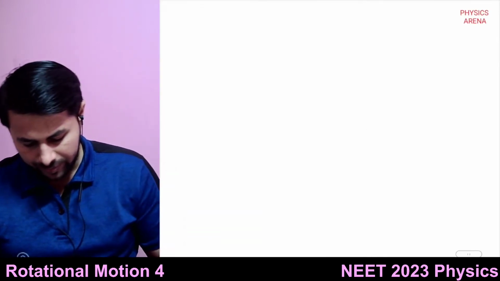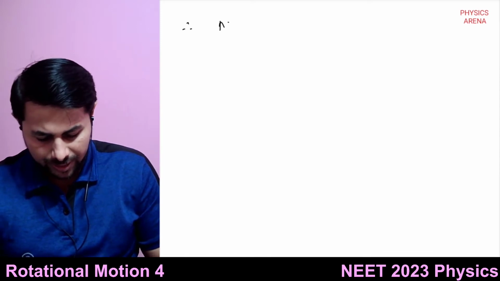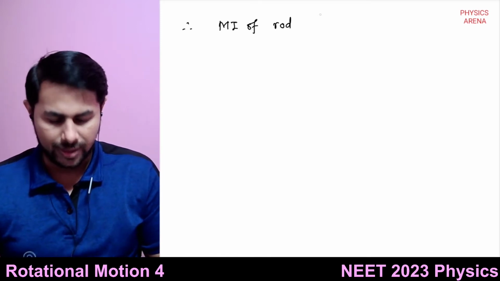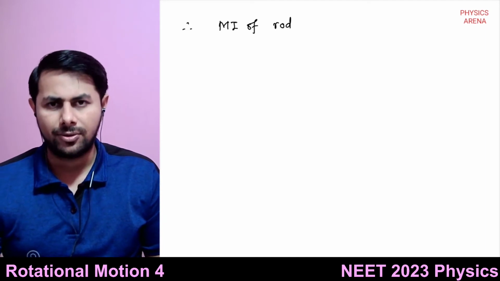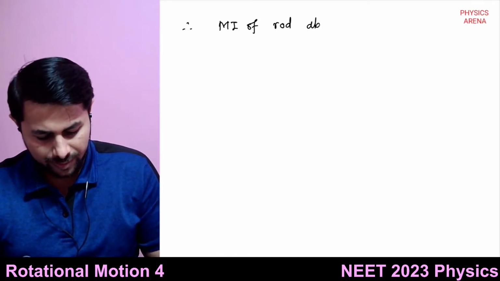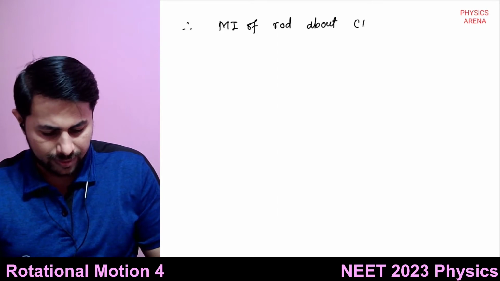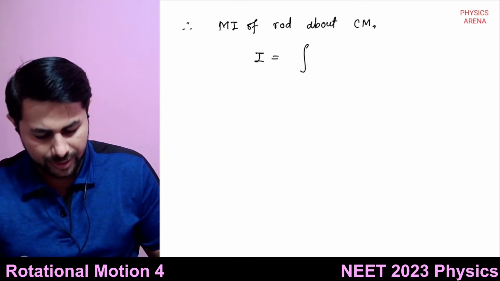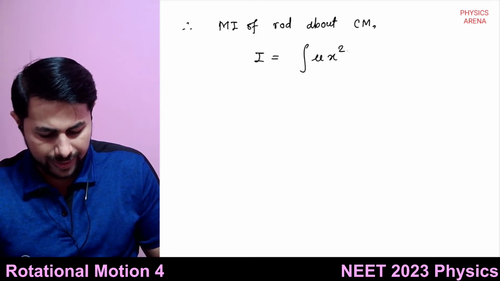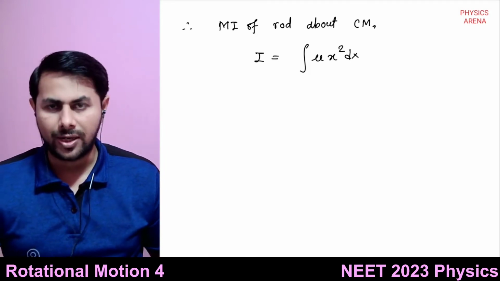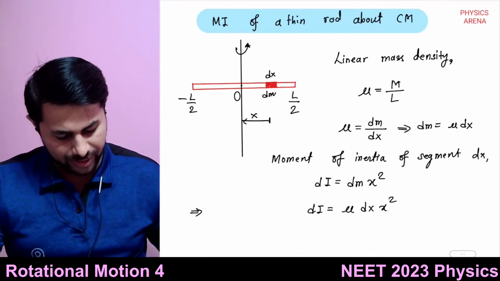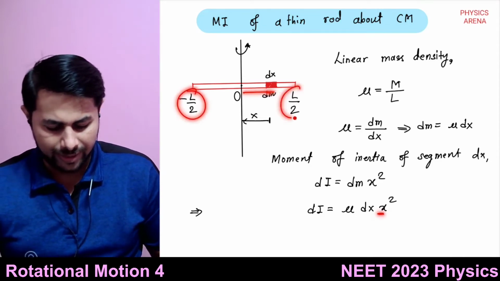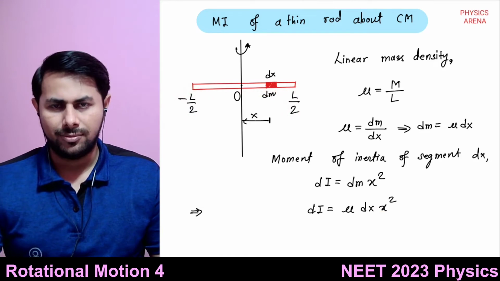Therefore the moment of inertia of the rod about the axis passing through the center of mass is I equals the integral of mu x square dx. X can change from where to where? From minus L by 2 to plus L by 2.